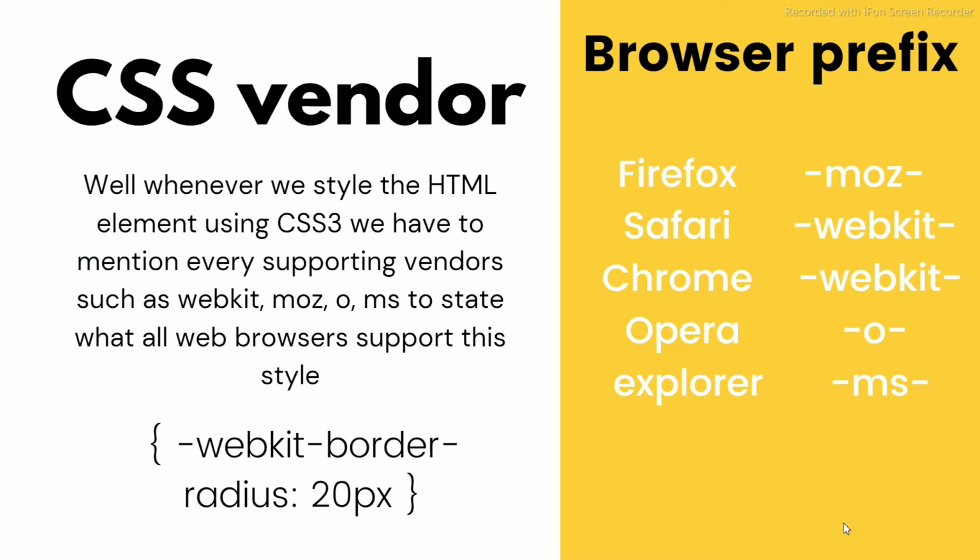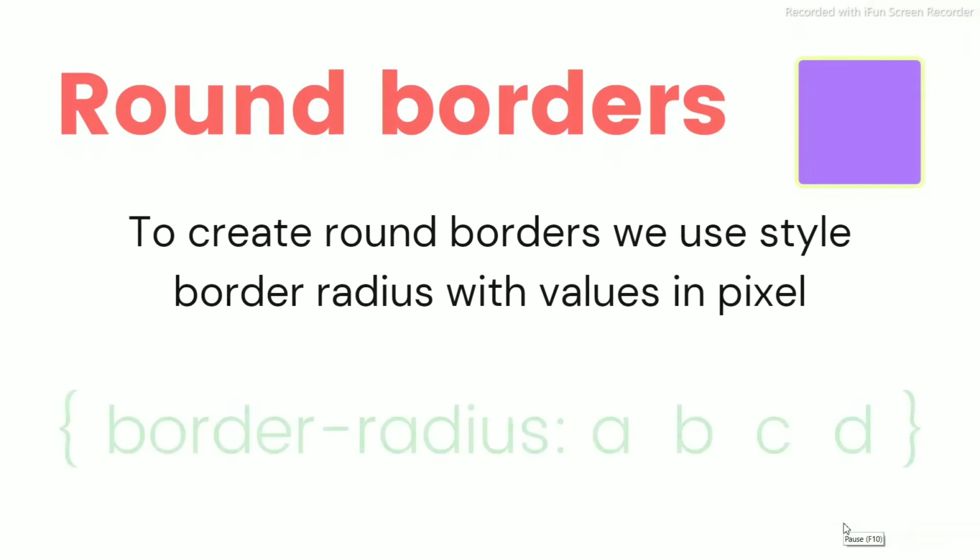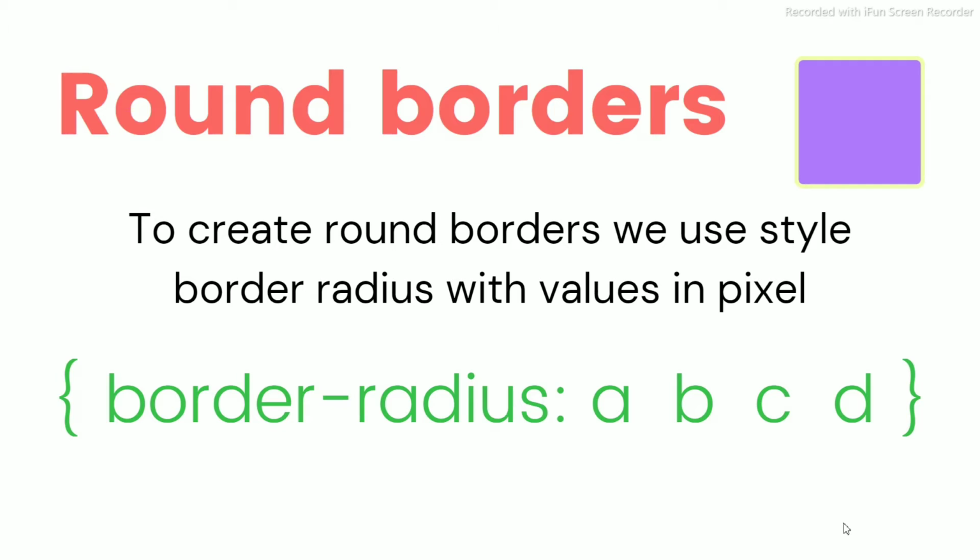Now we will discuss the border radius. Border radius is a property and a style used to give round or circular borders to elements which are in a rectangular or square format. This border radius has four values, which include the value for the top left of the rectangle or square, the top right, the bottom right, and the bottom left.